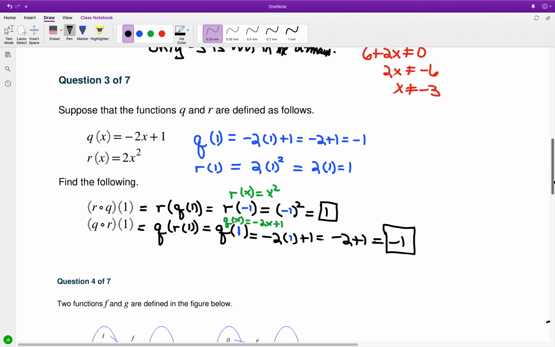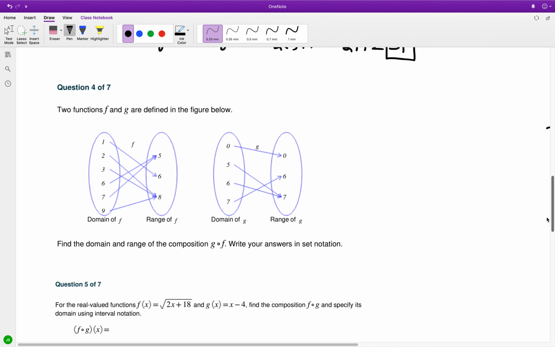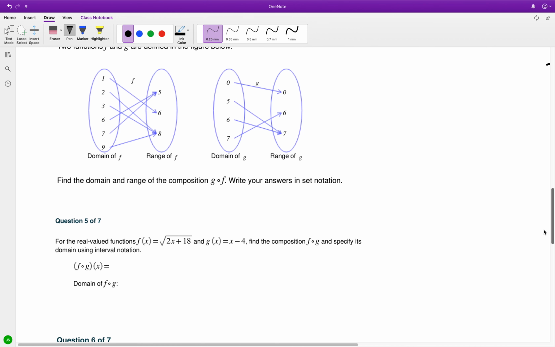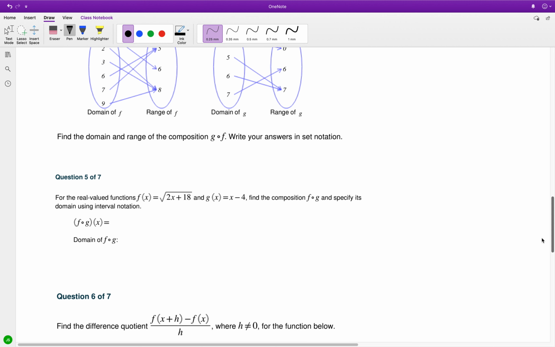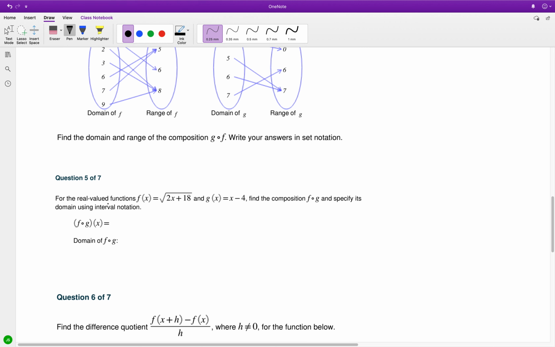I'll get into question 4 later on, but let's go ahead and look at question 5. It says, for the real valued functions f of x equal to the square root of 2x plus 18, and g of x equal to x minus 4, find the composition f composed with g and specify its domain using interval notation.